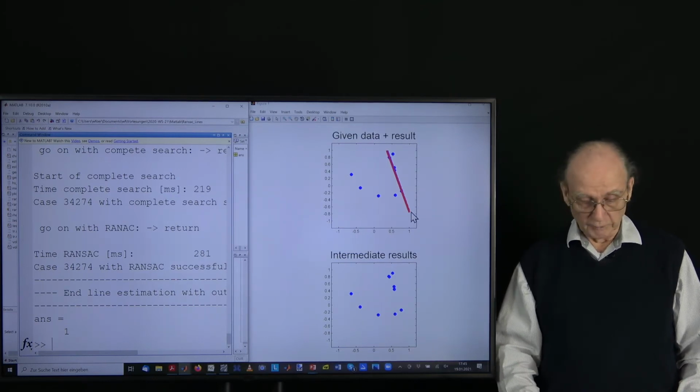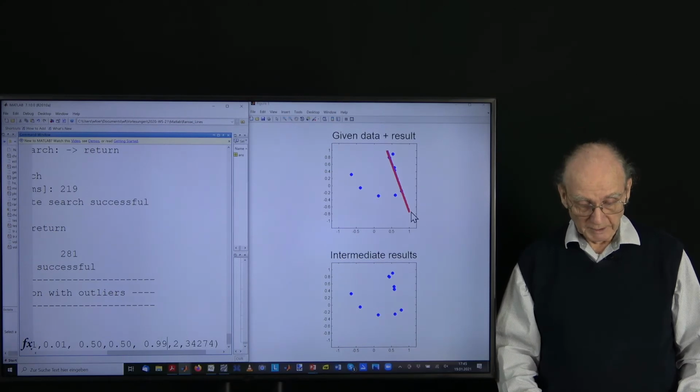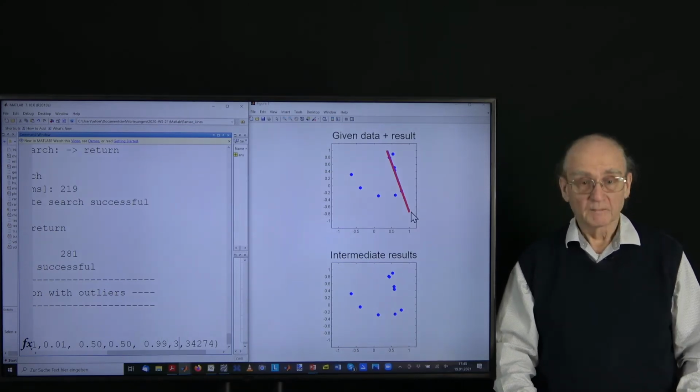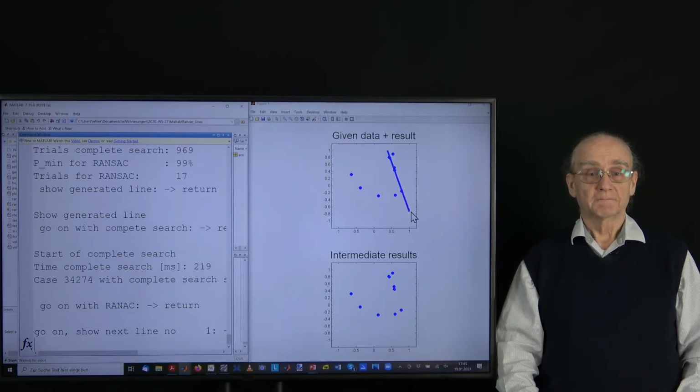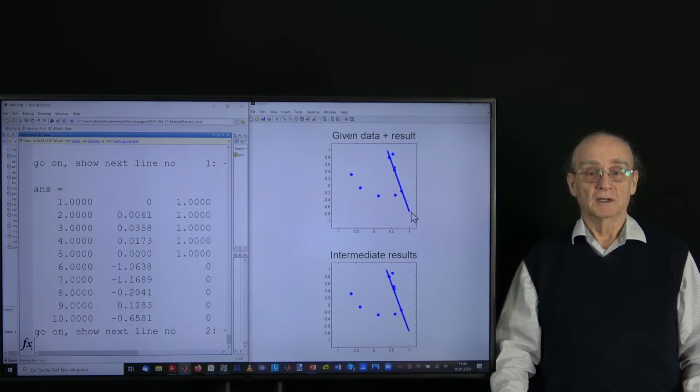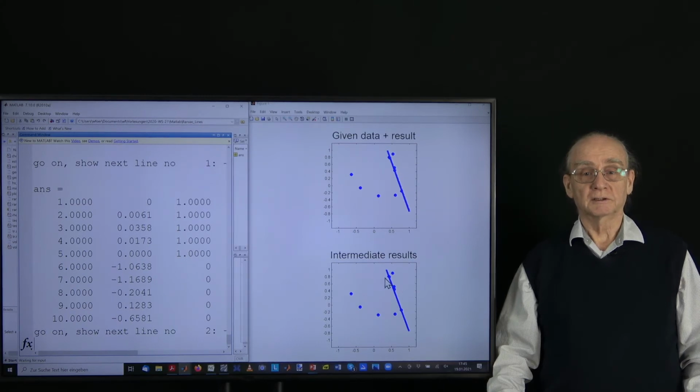This was too quick to follow, so we make it even more slowly and follow the same situation once more. And now we can check for each individual case individually. So this is the first line which it uses. It's the first point and the fifth point, which is in this case this point and this point.